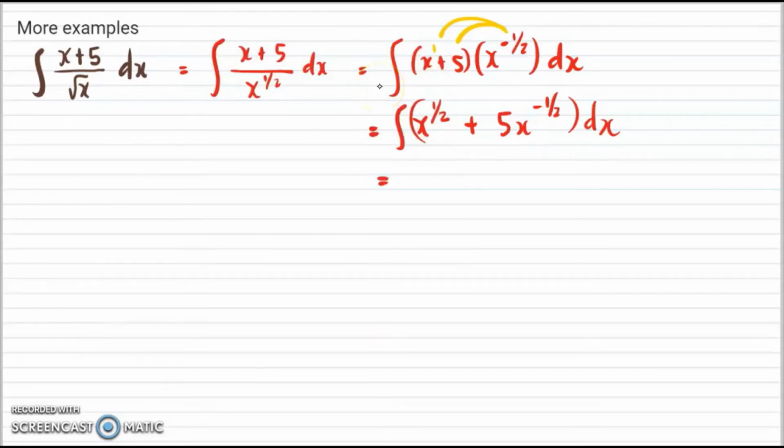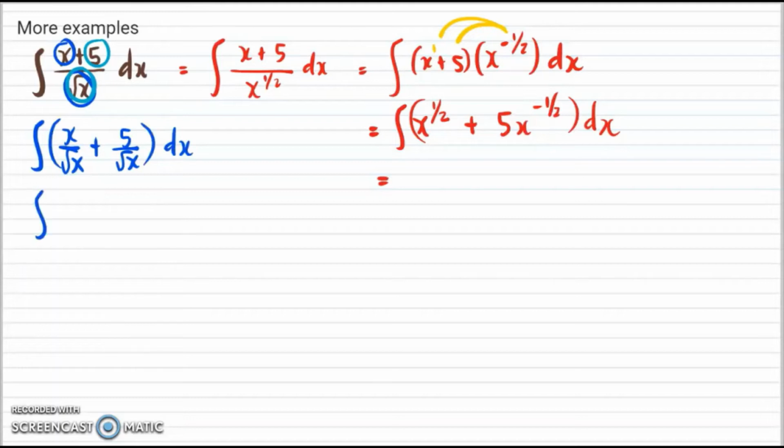Another way is to separate the numerators and divide each by the same denominator. Like we'll have x over square root of x plus 5 over square root of x dx, right? Now let's do that. We'll have the integral of x over square root of x plus 5 over square root of x dx.